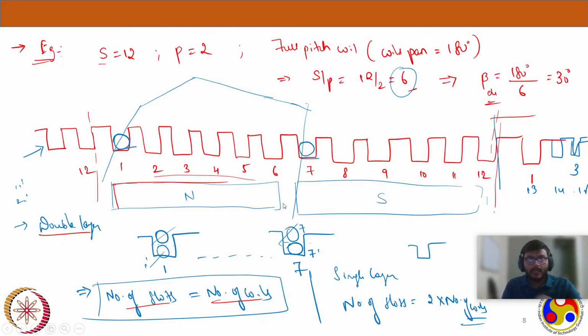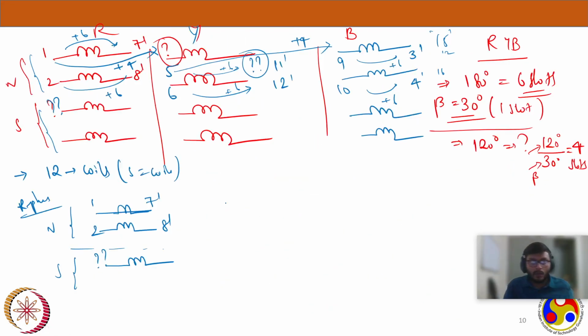Now if you see here, the south pole will start after 6 slots. The 6 slots are nothing but a full pitch coil of 180 degrees, and the next pole will start from the 7th one, that is, each pole sweeps a total of 180 degrees. Now if I put a first coil here, the starting of the south pole will have 180 degree displacement.